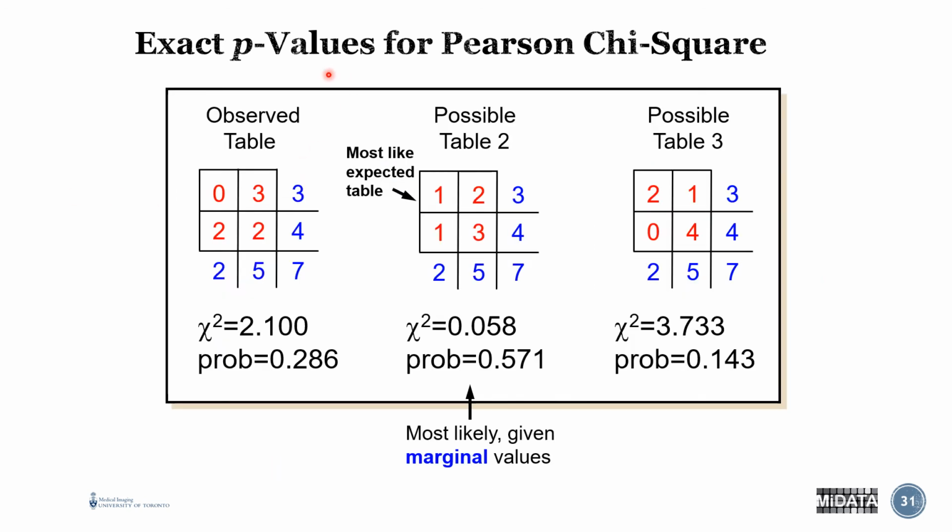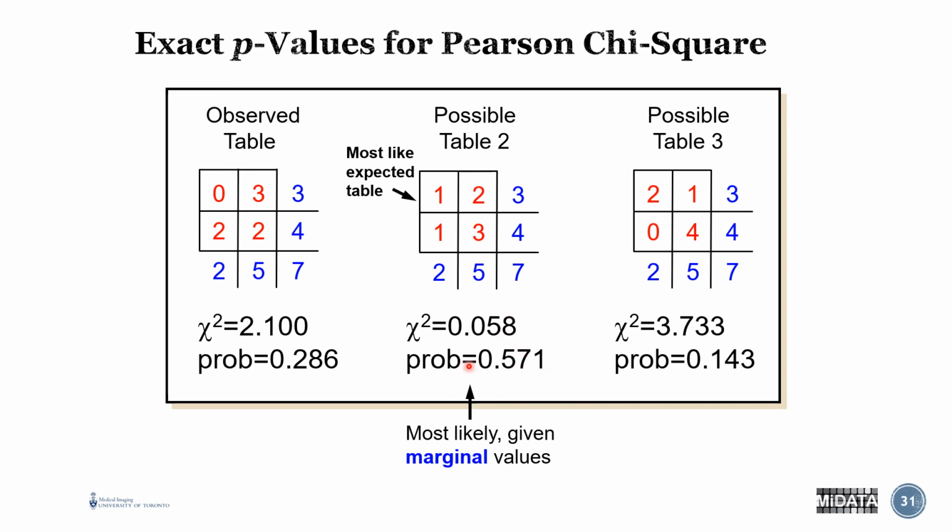So how do we calculate the exact p-value? If you look at our observed table here on the left and you look at our marginal totals, let's look at what other combinations we can have in the observed totals without changing the marginal totals. And so we have two possible tables. This table here, when you calculate the chi-square, it is less than our observed table, but with a higher probability.